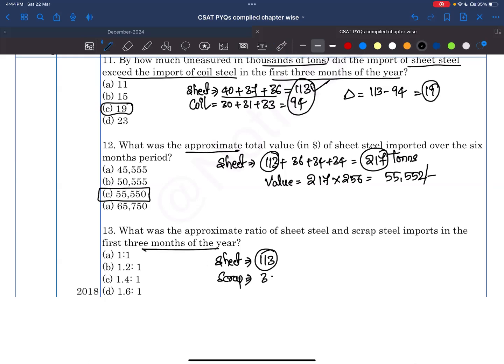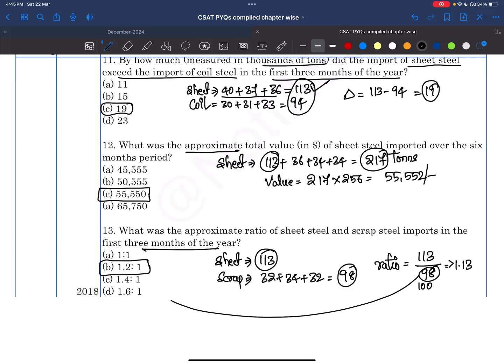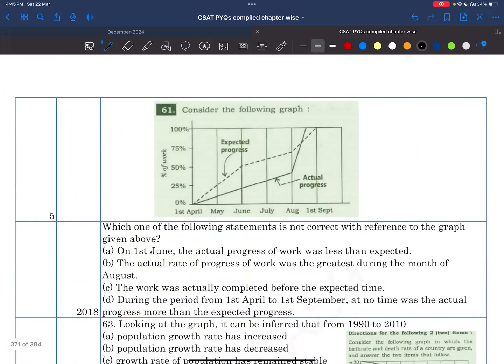What will be its total? 98. Okay, it is asking for the ratio, no? Let's remember it. 113 by 98. Let's take this value as 100. So what will we get? 1.13, right? So the ratio will be almost 1.13, the nearest value. Okay. Let's go to the next question.